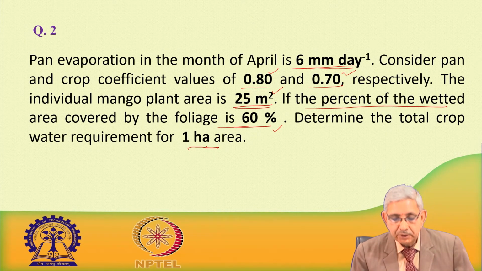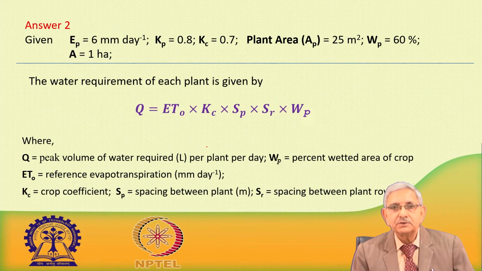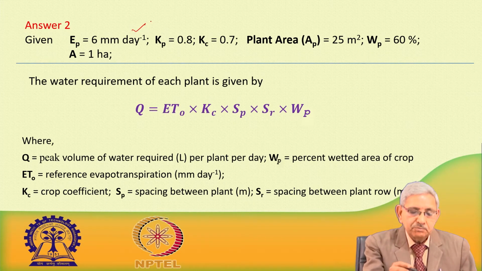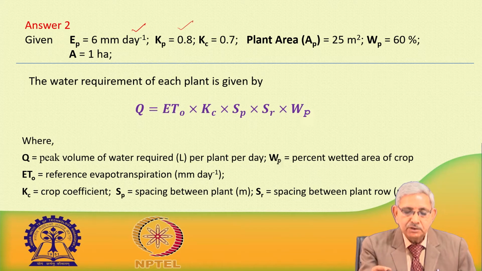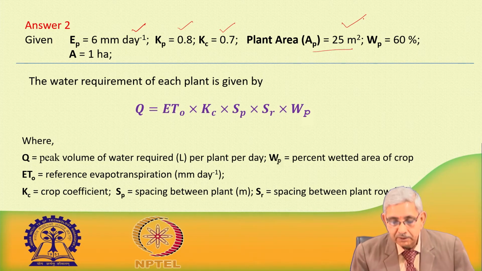We have been given pan data, the pan coefficient value, the crop coefficient data, and each individual plant data. We need to find the evapotranspiration of the crop. Once again, the data given: pan value is 6 millimeter per day, pan coefficient is 0.8, crop coefficient 0.7, each individual plant or tree area is 25 square meter.